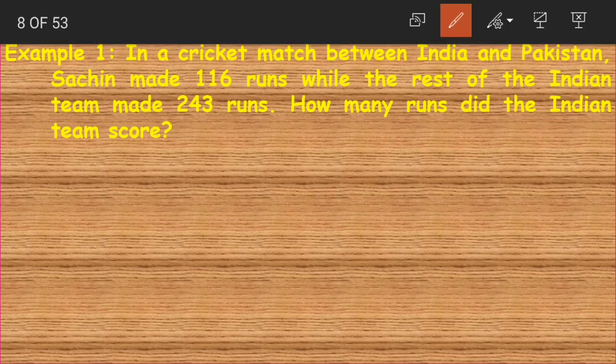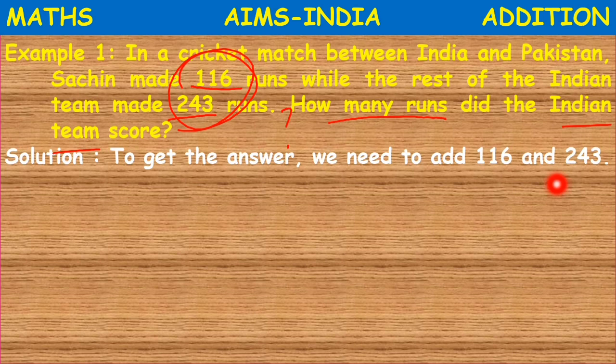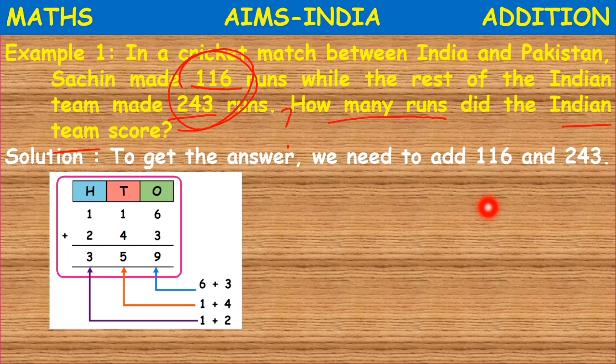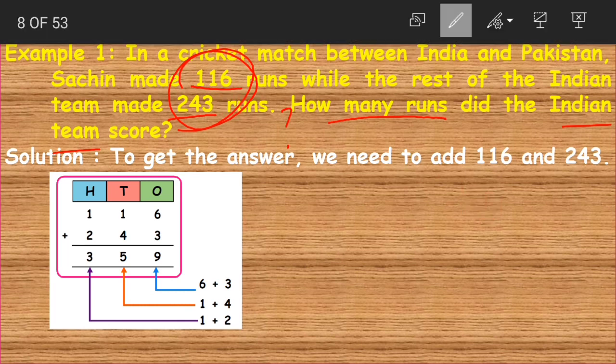The whole Indian team, how many runs did they score? To get the answer, we need to add 116 and 243. Right children? We need to add both the numbers.